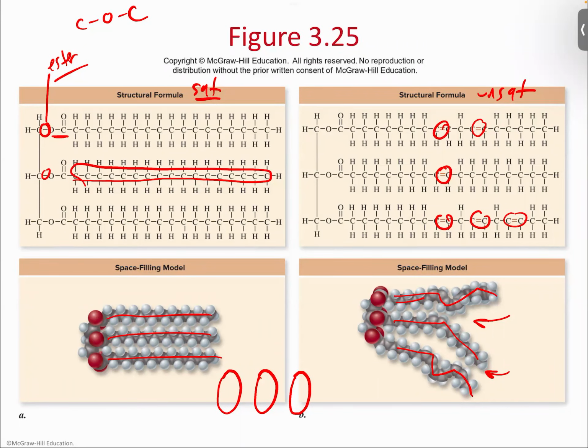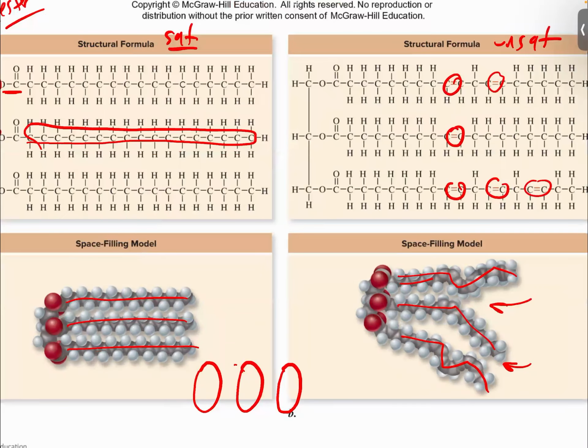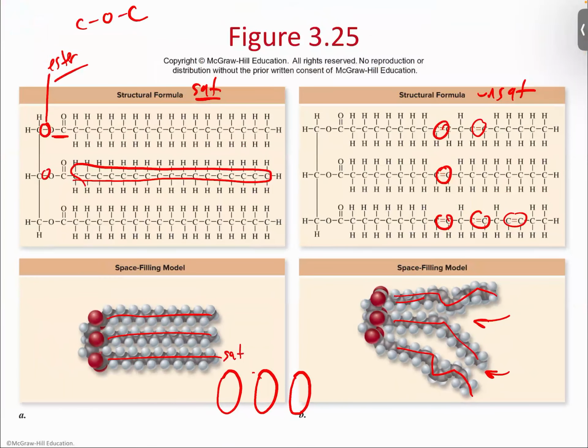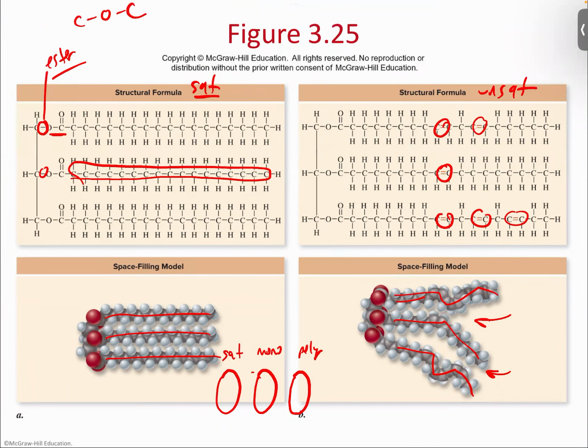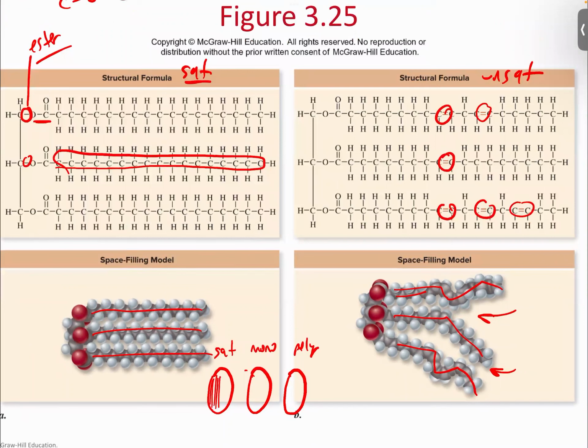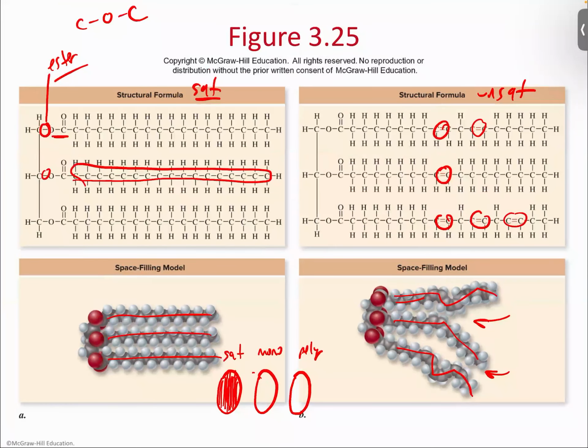Why? Because we're going to boil a chip, one of my favorites. We're going to boil it in saturated fat, in mono-unsaturated, and in poly, and we're going to compare them. So in a saturated fat oil, when you are boiling that chip, you're soaking that chip in all these little straight chain tails of saturated fat. And so you're going to have a lot of fatty acids per chip.